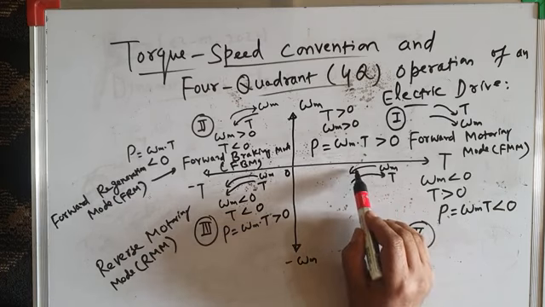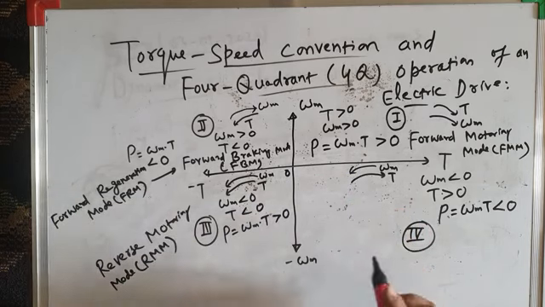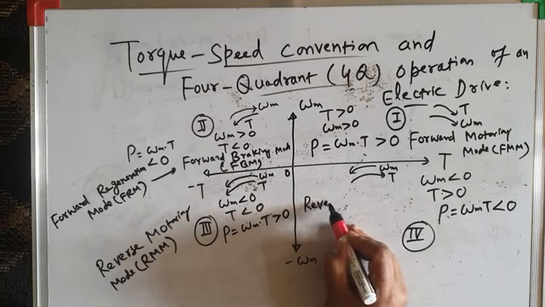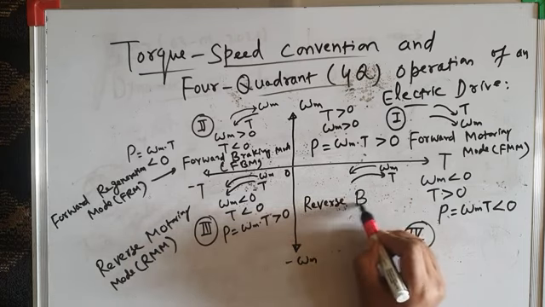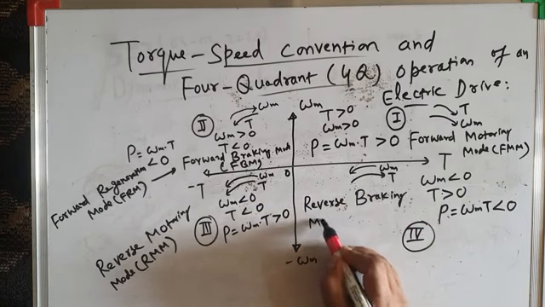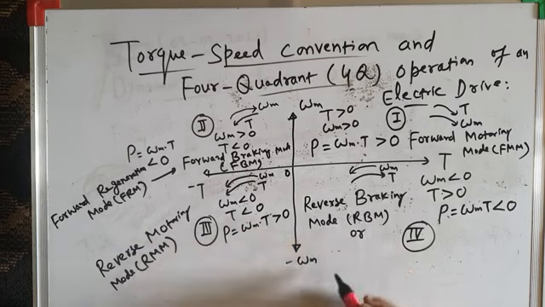It opposes the motion of the motor and the drive finally slows down and it may stop. So this mode is called reverse regeneration mode or reverse braking mode, RBM.